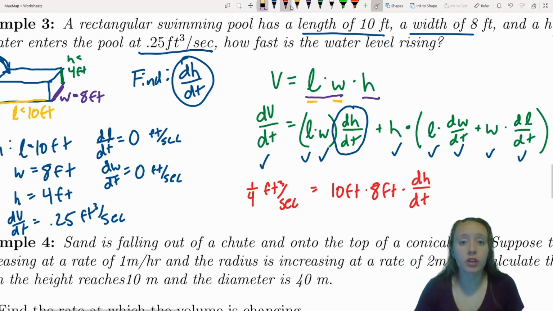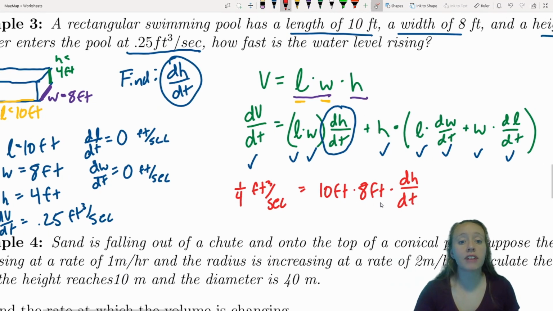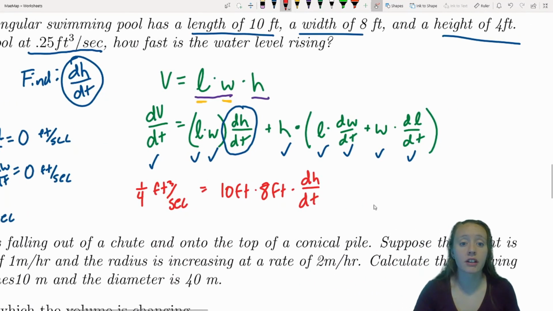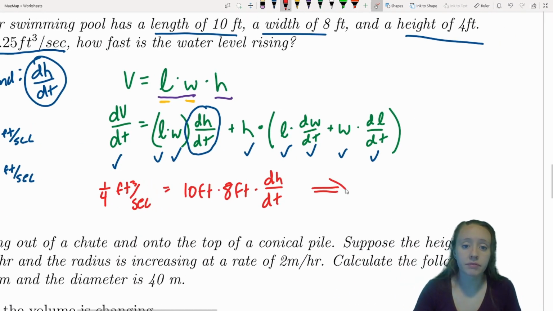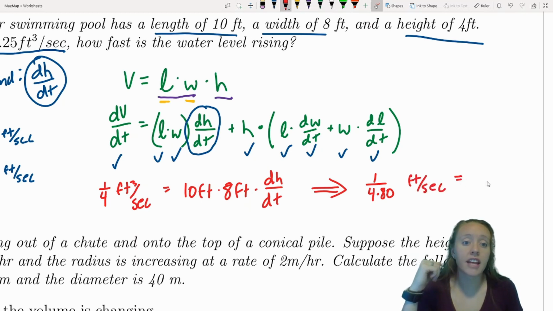So when I go to solve for dH/dt, I'll divide both sides of my equation by 80 feet squared. And when I divide both sides by 80 feet squared, I'm going to get 1/4 divided by 80, which is 1/4 times 1/80, and then feet cubed per second divided by feet squared is going to leave me with feet per second, and that's equal to dH/dt.